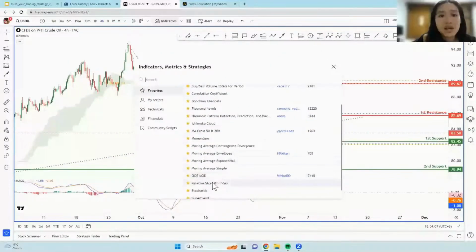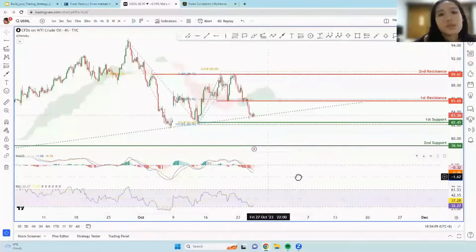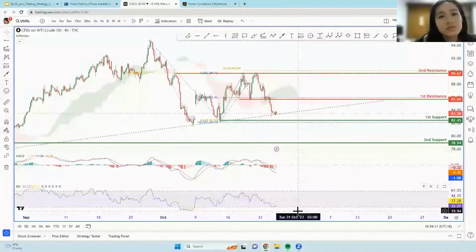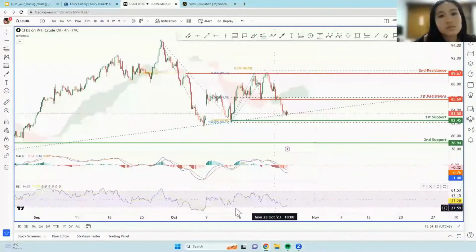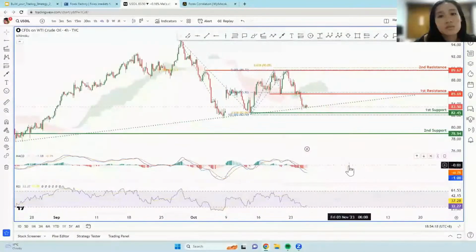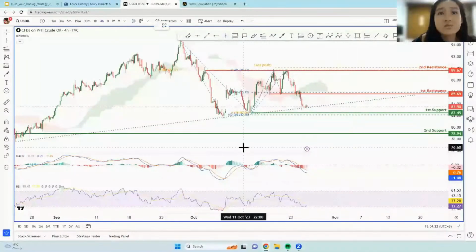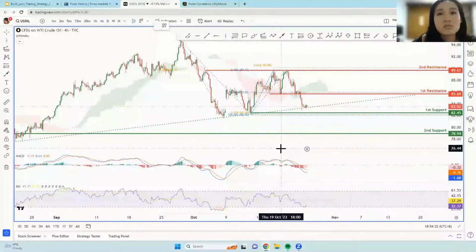Let's see RSI. Okay, RSI isn't really telling us much.